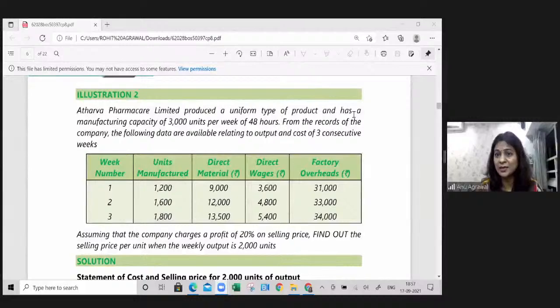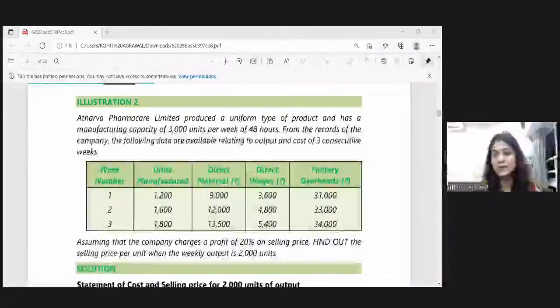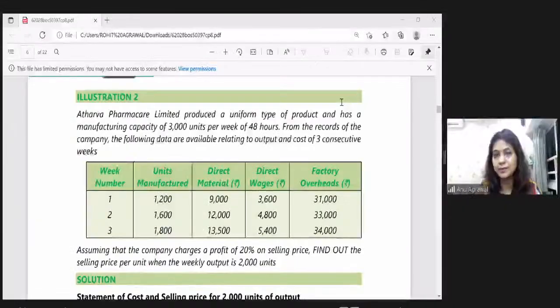No, but I can't see my own self. Okay. No, I am not visible, Azazji. I'm not visible.